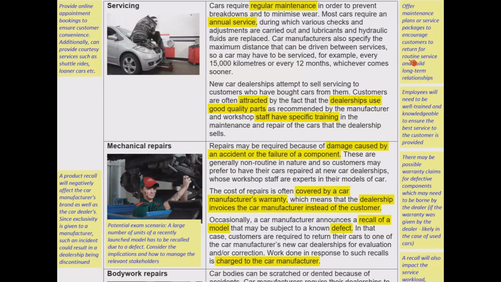We've got the sales team trying to sell servicing plans for 3 years, which is going to rely on the workshop having done good quality servicing in the past. A good reputation for servicing is what's needed by the workshop staff in order for the sales team to sell these plans. And that relationship between the two departments could generate conflict.